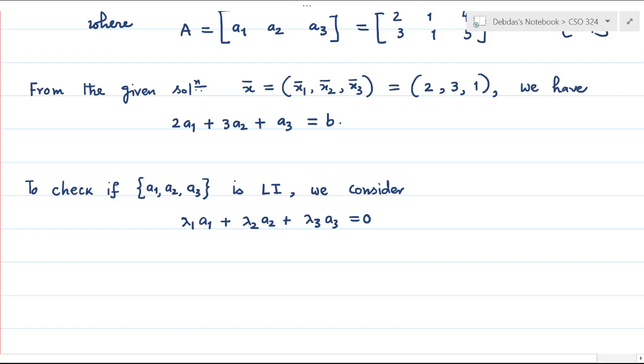That means whether there exists at least one lambda out of lambda 1, lambda 2, lambda 3 which is non-zero, and with that lambda 1, lambda 2, lambda 3 this equation is valid.